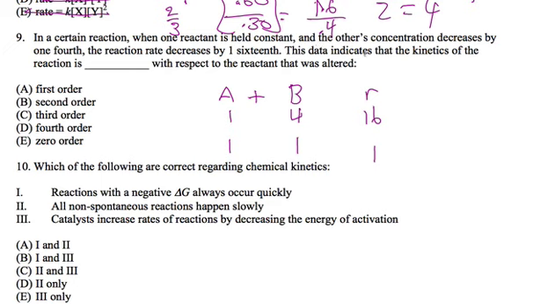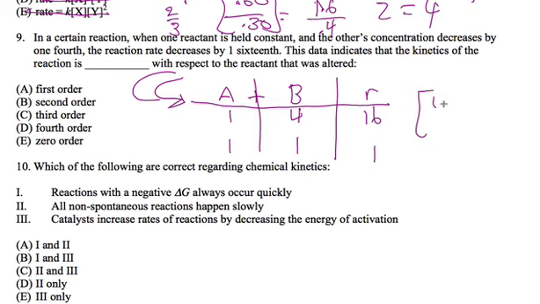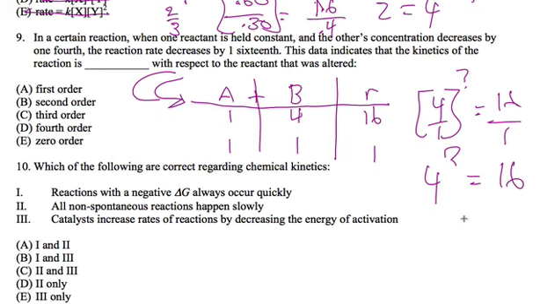This data indicates that the kinetics of the reaction is. Notice how I just set up this chart, and I just wrote everything that I saw up there here. So B goes from 4 to 1, the question mark, 16 to 1. So 4 to the question mark equals 16, the question mark equals 2. So second order.